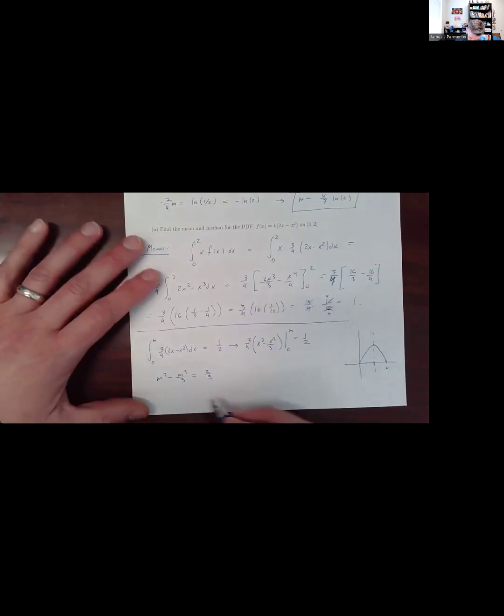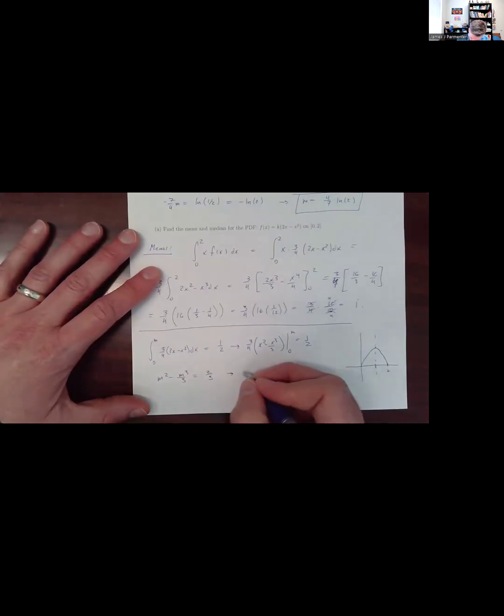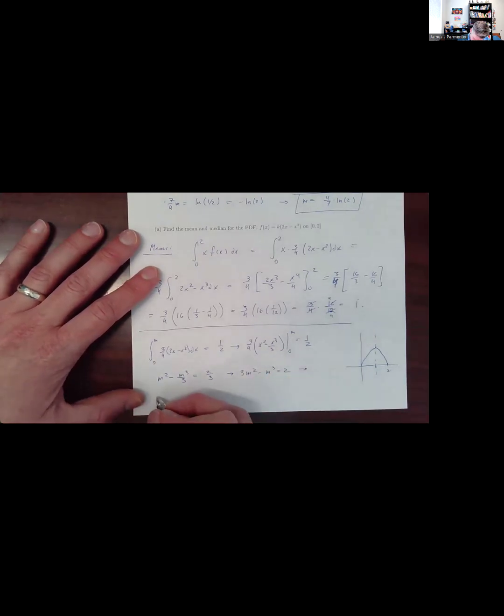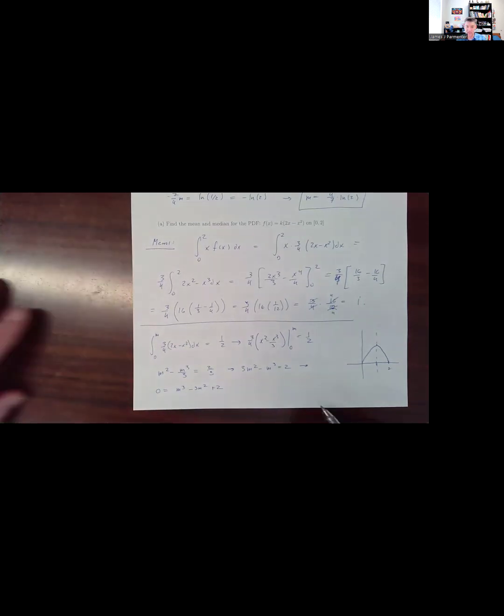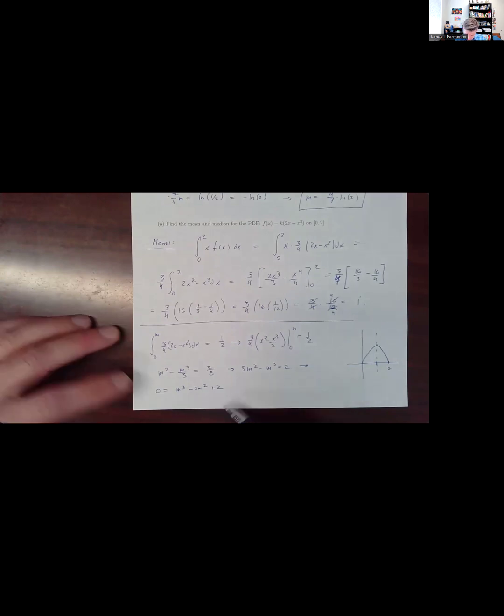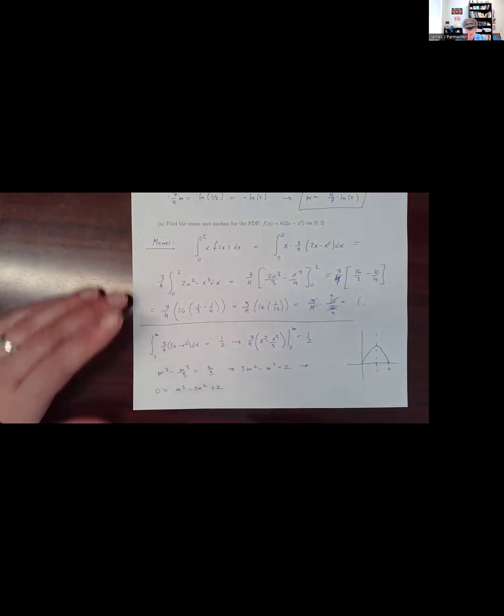Solving this is a pain. I multiply everything by 3. So I'm going to get 3m squared minus m cubed equal to 2. Bring everything to the right hand side, and we get 0 equal to m cubed minus 3m squared plus 2. If you just guess, you can see that m equal to 1 is a solution because 1 minus 3 plus 2 is equal to 0.